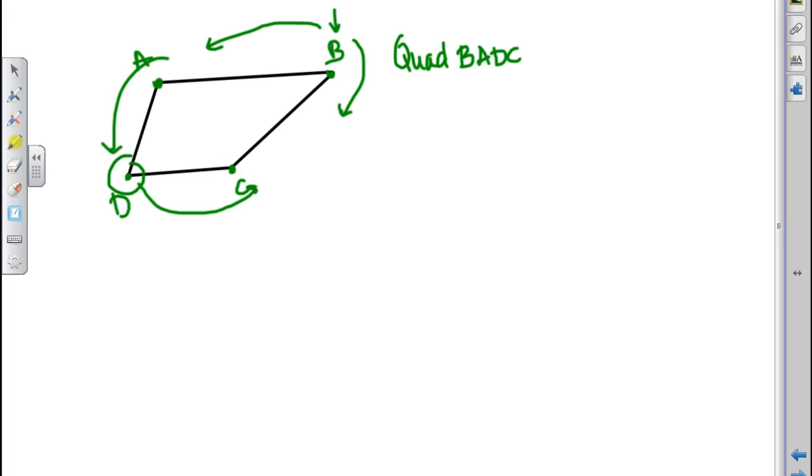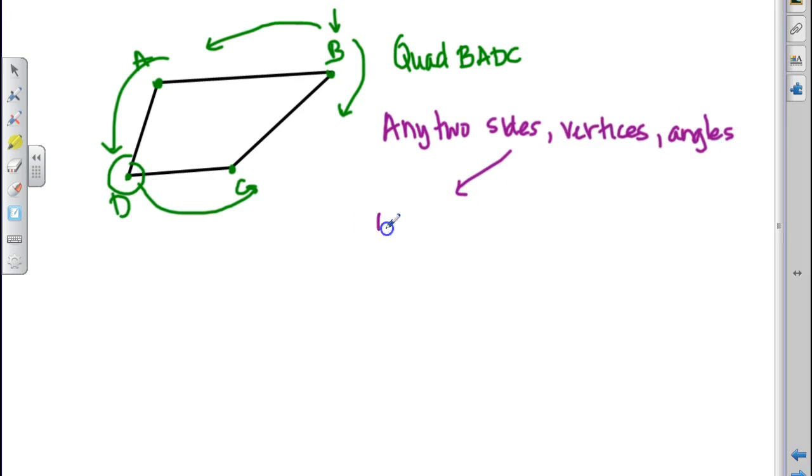All right, so speaking of consecutive sides, any two sides that you choose, any two vertices that you choose, any two angles that you choose, you have two choices. They are either consecutive, or non-consecutive.